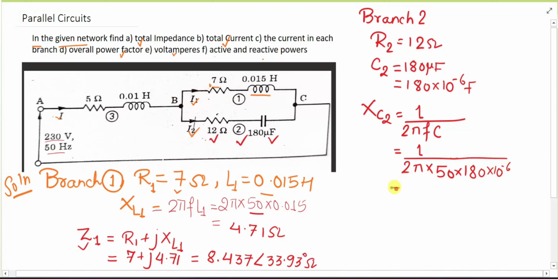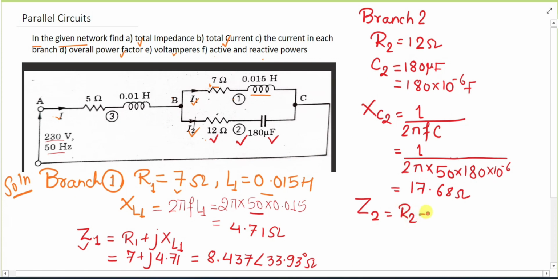After solving in the calculator, you will find your capacitive reactance is 17.68 ohm. That's how you can identify the value of capacitive reactance. And now we know that for the RC circuit, if resistance and capacitor are in series, then your impedance will be R minus jXC.